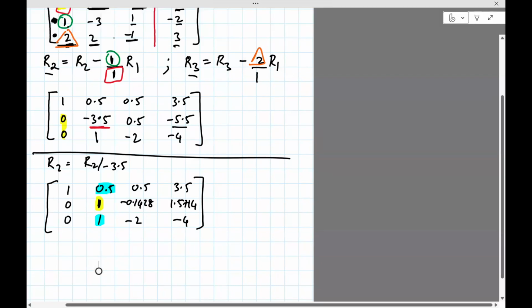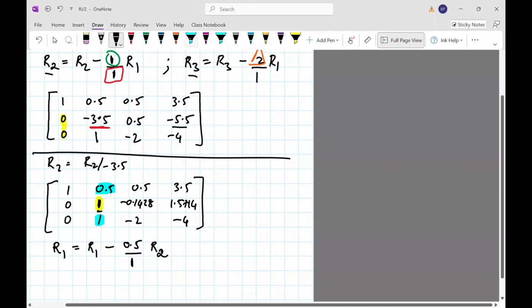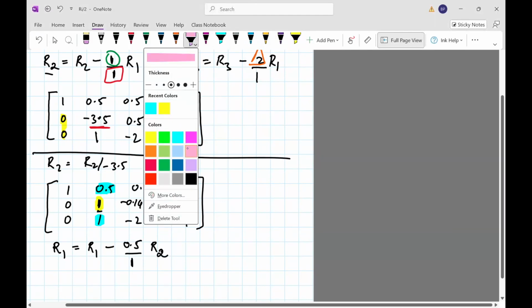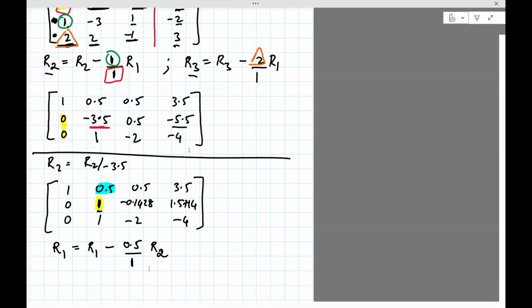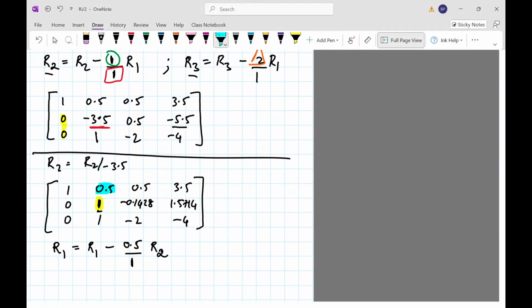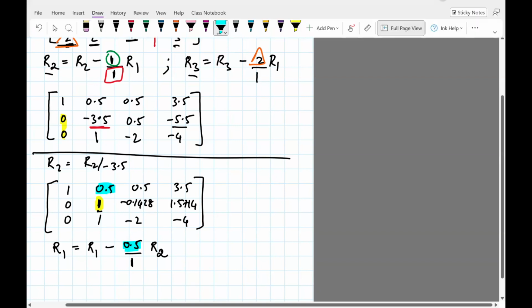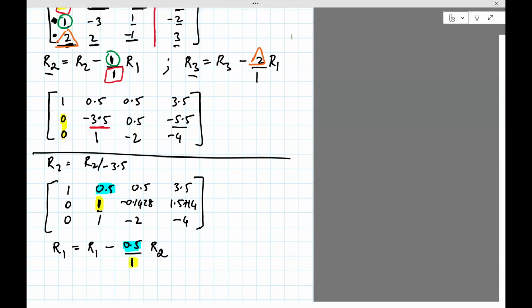So you can see that in order to do that, I need to do row 1 equals the old row 1 minus the 1 comes from here times 0.5 row 2. This 0.5 is from there, and this 1 comes from here.